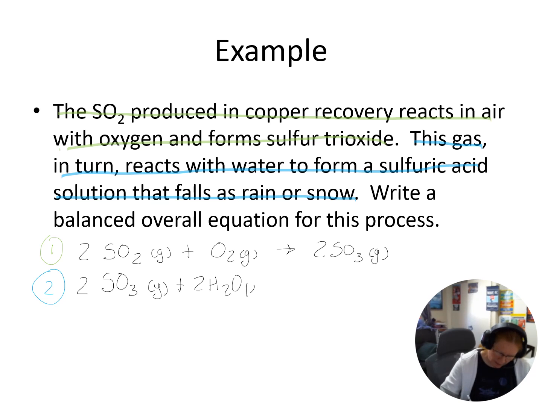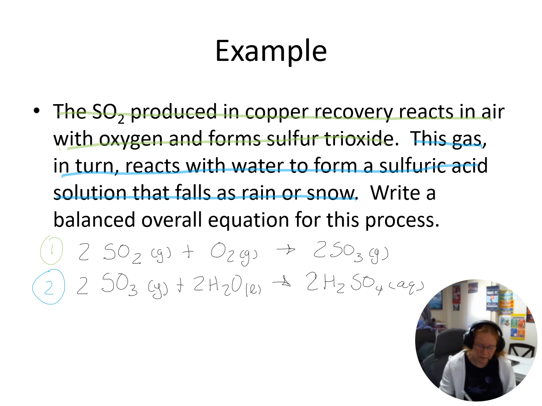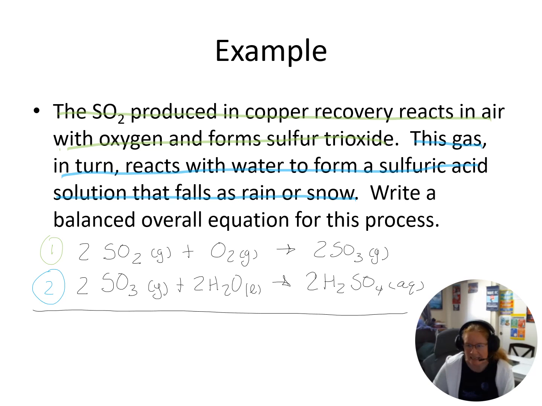So you'll notice that what I've done is I've tried to line up the reaction arrows, okay? I've done this because when we do an overall equation, what we need to do is cancel out anything that shows up on both sides of the equation. So you'll notice here, I've got sulfur trioxide as a product in equation number 1. And then I have 2 sulfur trioxide as a reactant in equation 2.